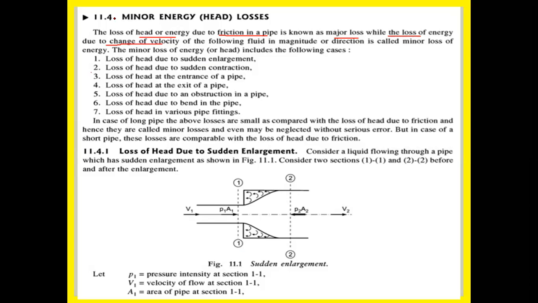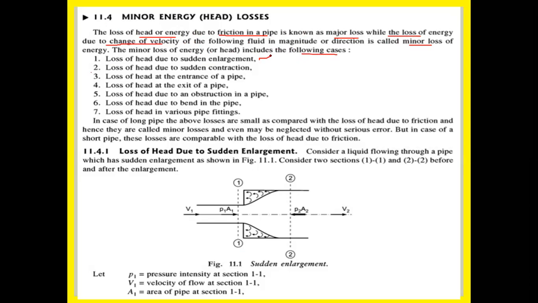Right? Now the loss of head or energy due to the friction in the pipe is known as major loss, while the loss of energy due to the change in the velocity of the liquid with respect to the direction or magnitude is known as minor losses of energy. Therefore, the minor losses of energy are of these types. What is the first case? Loss of head due to the sudden enlargement.